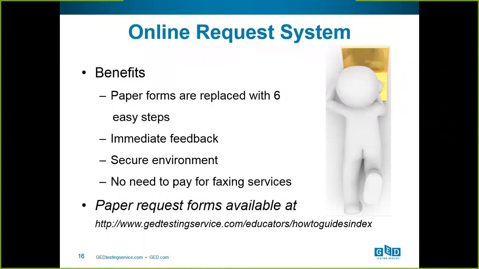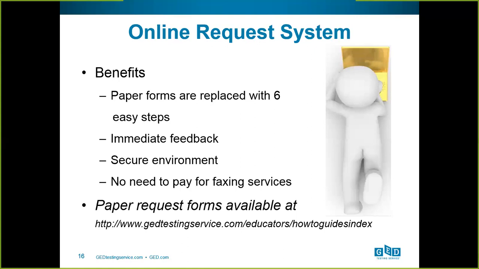Now, I know some of you may be in situations where candidates can't use the online system. Paper forms are still available. We've hidden them on the website just because we want to encourage candidates to use the online system if they can. If they can't use it or they just find it overwhelming and you've helped them and it's just not working, we are happy to take the paper forms, and we will forever.